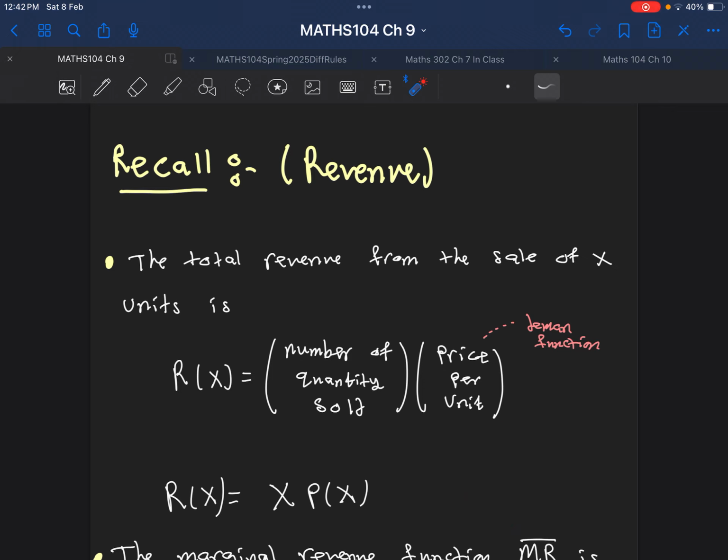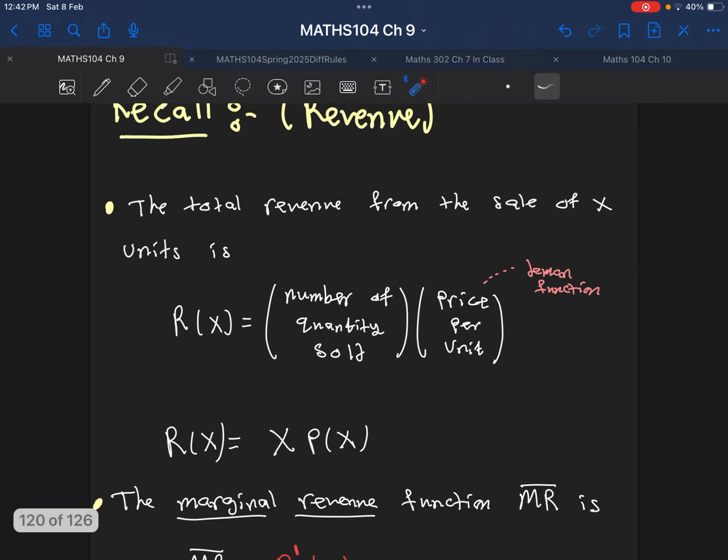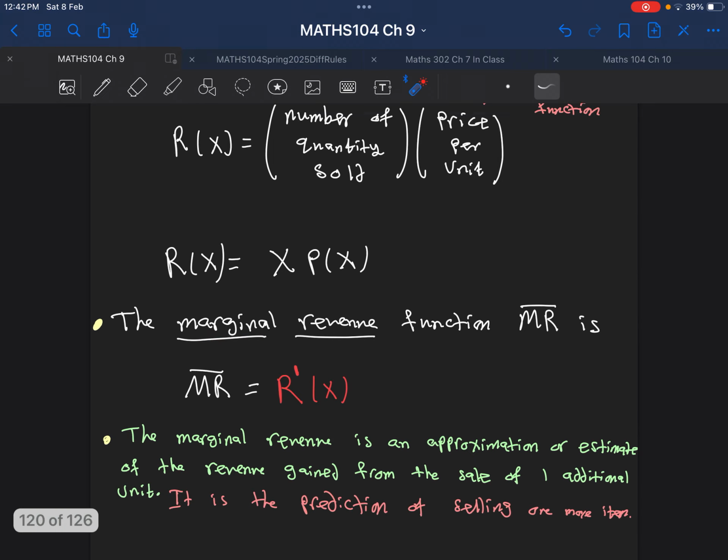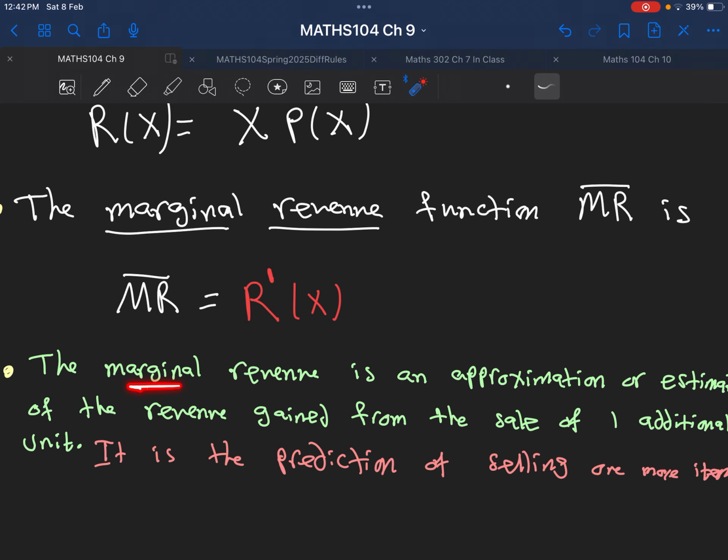So that's the rule that we have. Or we can think about it in the opposite way. If there are so many items in the market, the price has to go down because it means the market is saturated. Now, the marginal revenue, usually we write it MR bar, is just the derivative. Remember, marginal means the derivative. And what does it mean? The marginal revenue is an approximation or estimation of the revenue gained from the sale of one additional unit.